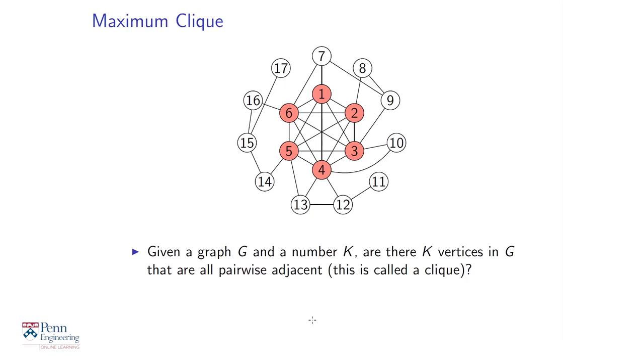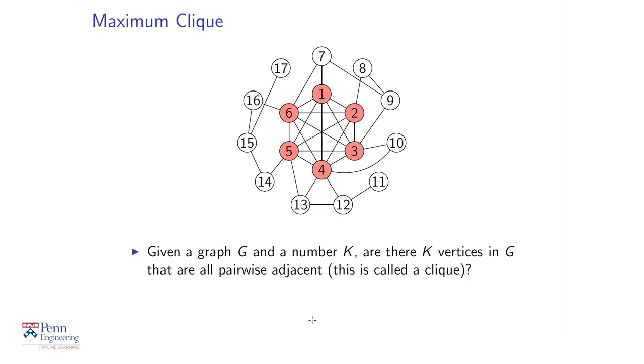And it's kind of analogous to the English use of the word clique, like a group of friends who are all friends with each other and who hang out together. It's called a clique in school, for example. So this is like a clique of vertices, meaning think of these edges as representing friendships. These are a set of vertices where everyone in that set is everyone else's friend. So that's a clique. So given a graph G and a number K, the clique problem asks, is there a clique of size K?